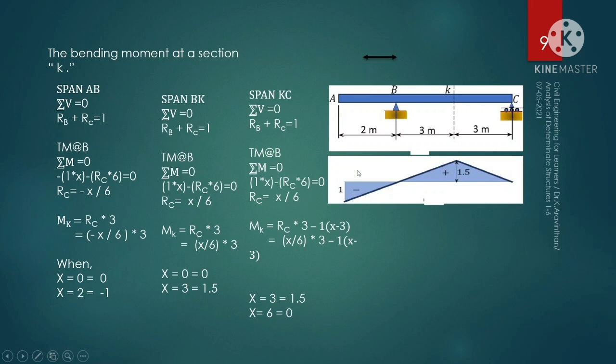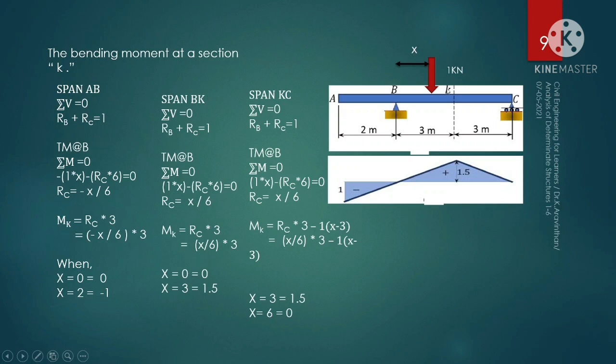In the same way, I am going to apply a unit load here, and RC into distance is 6, and 1 into distance is x. So RC I will be getting x by 6. I will be taking the moment at point K. For each and every case, I have to take moment at point K. So RC into distance is 3, RC will be x by 6, x by 6 into 3.